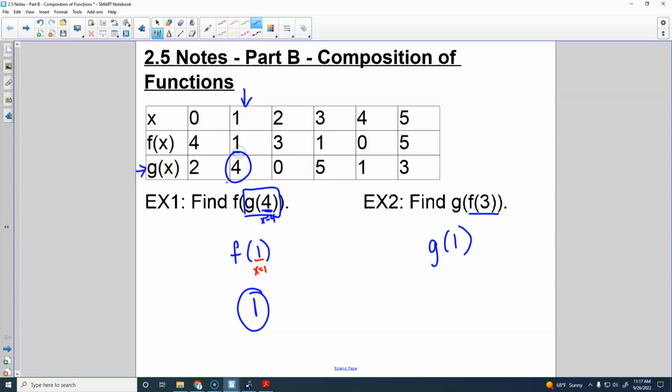Those two rows meet right here. So we will get 4 for that. Yeah, you got to be very careful when you have a big table like this. You got to look where your x value is right here. All right, questions on that first part?